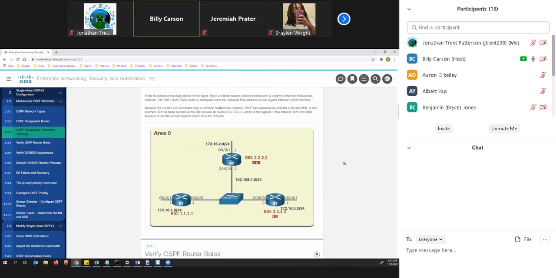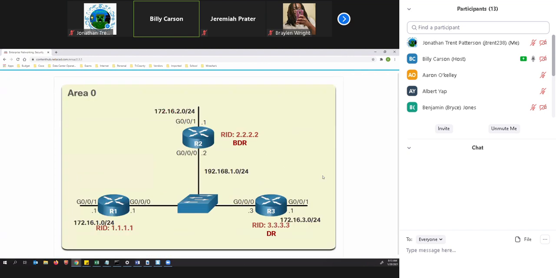So here's a topology. Let me ask you this question. Looking at this topology, router 3 is the DR, and router 2 is the BDR. What made router 3 the DR and router 2 the BDR, with the information that we have here?